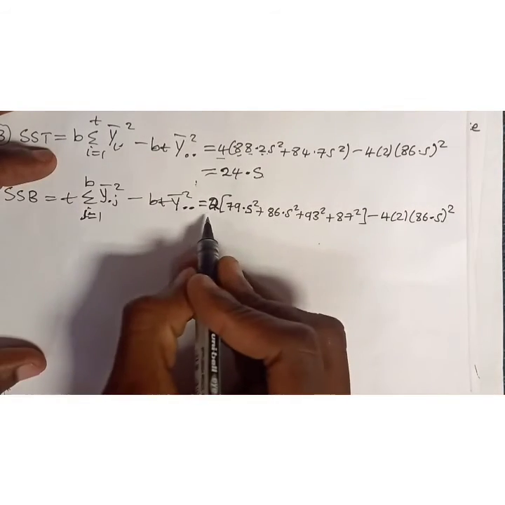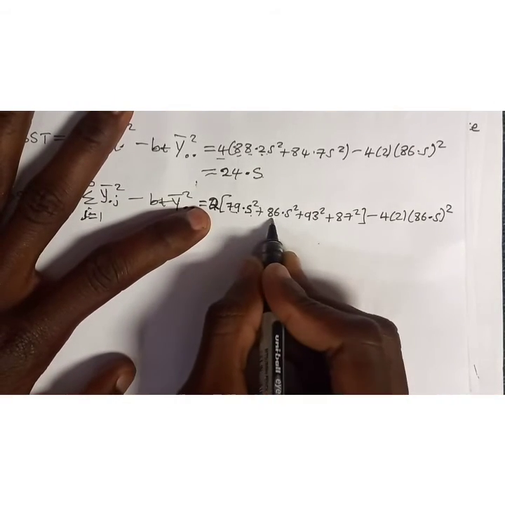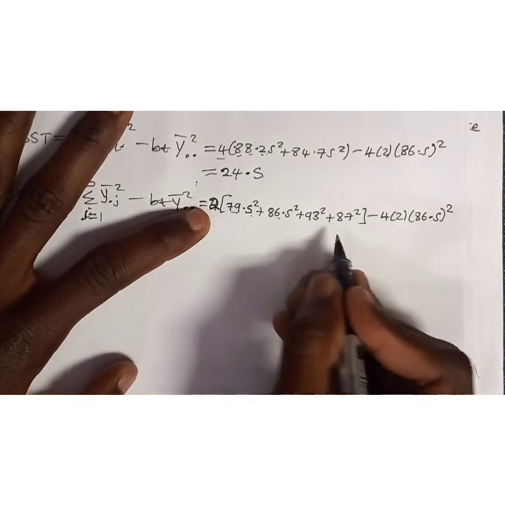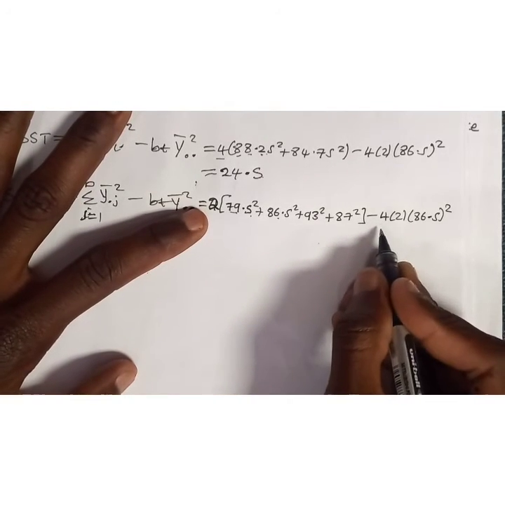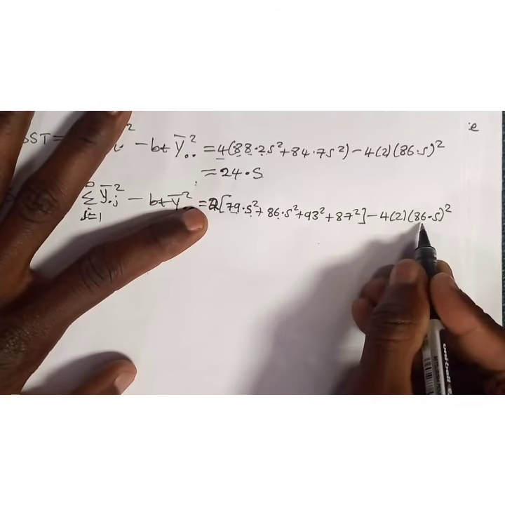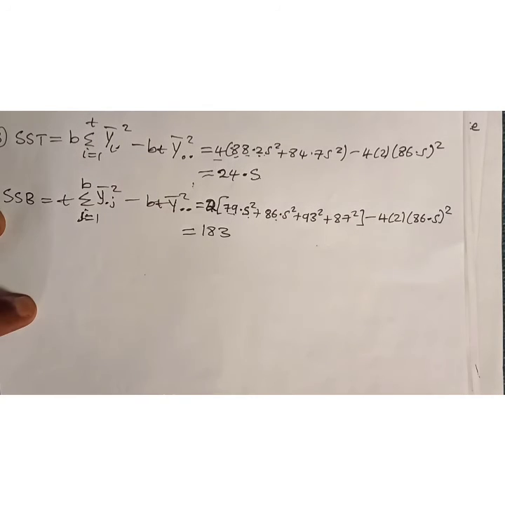As you can see, 2 into 79.5 square plus 86.5 square plus 93 square plus 87 square minus 4 times 2 times 86.5 square. Then I'll get my SSB as 183. So let me construct the ANOVA.